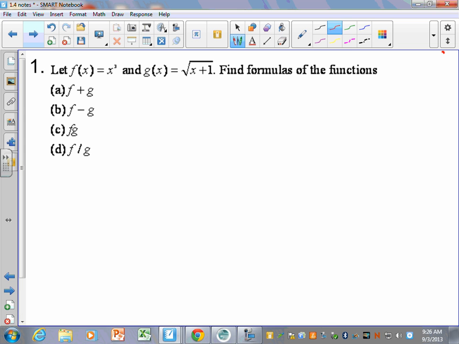But this one, f of x is x cubed, g of x is the square root of x plus 1, and then we're going to add, subtract, multiply, divide, and give the domains for all four of them. So if you want to just do part A first, and then you can do part B underneath it instead of not having enough room.